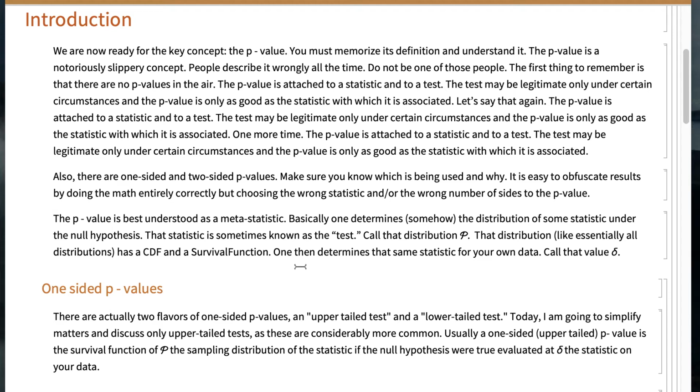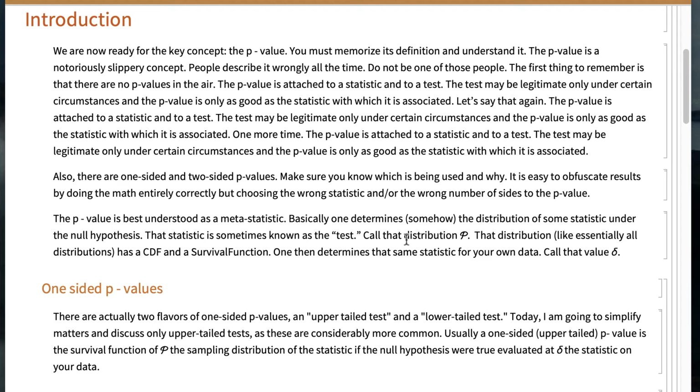So what is it? It's a kind of meta-statistic, and what you're going to do is determine the distribution of some statistic under a null hypothesis. We talked about this in a prior video, where you figure out what the distribution of some statistic would be if the null hypothesis were true.